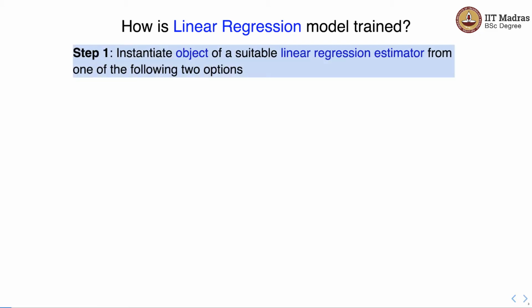In the first step, we instantiate an object of a suitable linear regression estimator from one of the following 2 options. We know that linear regression can be solved with one of 2 methods: one is the normal equation and the second is iterative optimization. Let's first understand how to solve linear regression with the normal equation.